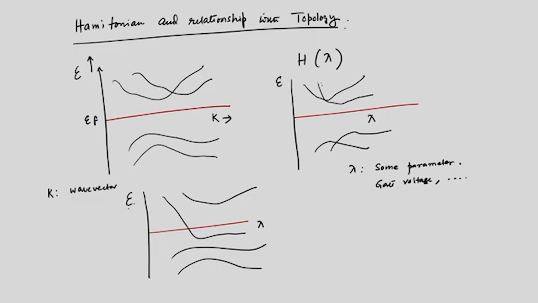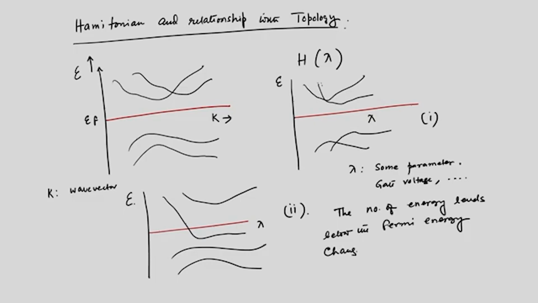Now, there is a big difference between this picture, let us call it 1, and this one, let us call it 2. In 1 and 2, the difference is that the number of energy levels, or the number of bands, below the Fermi energy changes in 2 and remains the same in 1.